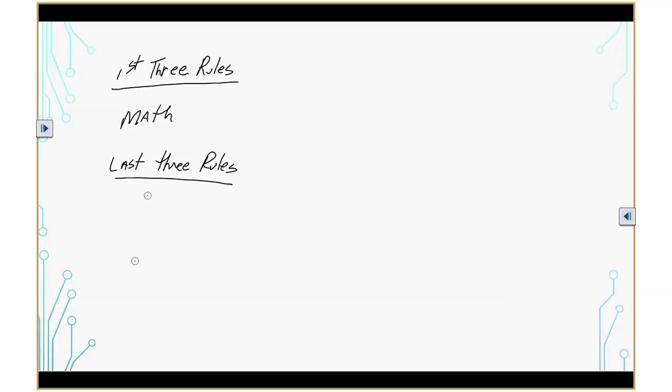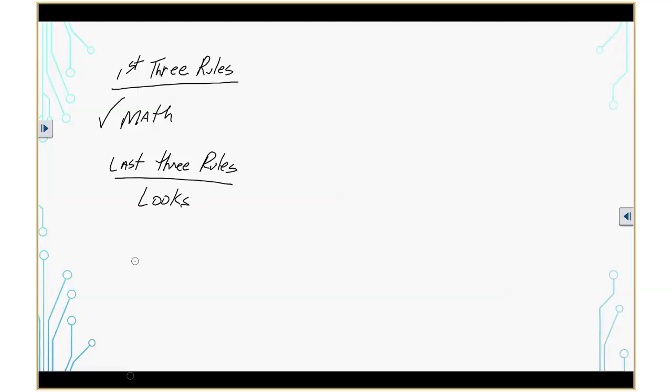Okay? So which one should you worry about? The first 3 rules. The first 3 rules are what's going to make it wrong or right. The last 3 rules determine whether I give you credit for it or not, based on the way you write your answer. So the first 3 rules are mechanics. The last 3 rules are aesthetics. How something looks. Don't want a negative exponent. Don't want a radical. Don't want a, whatever.